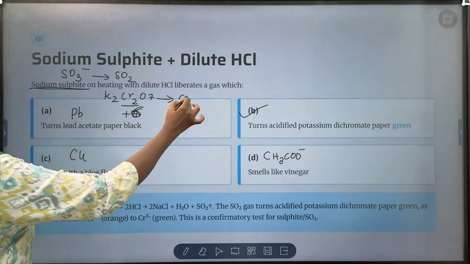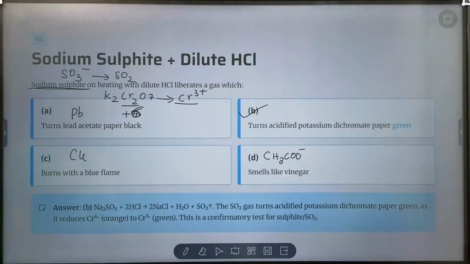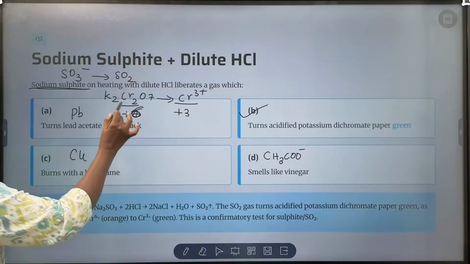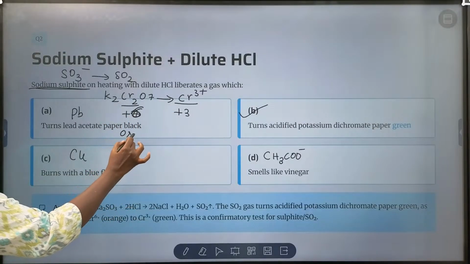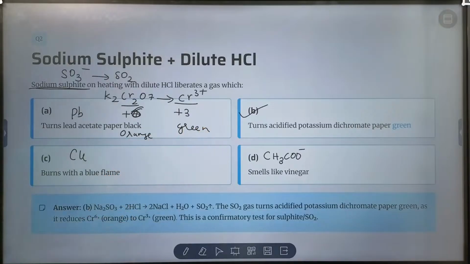When this undergoes reaction, it is reduced to Cr3 plus ion, which is in plus 3 oxidation state. In plus 6 it is orange in color, and in plus 3 it is green in color. So it turns acidified potassium dichromate green. That is the correct option because sulfite usually undergoes oxidation, and during that process it reduces the chromium from plus 6 to plus 3 oxidation state.